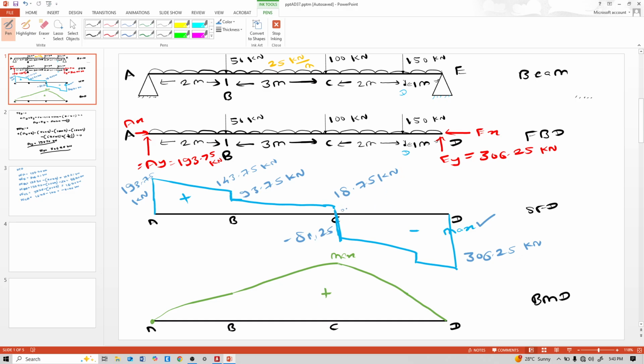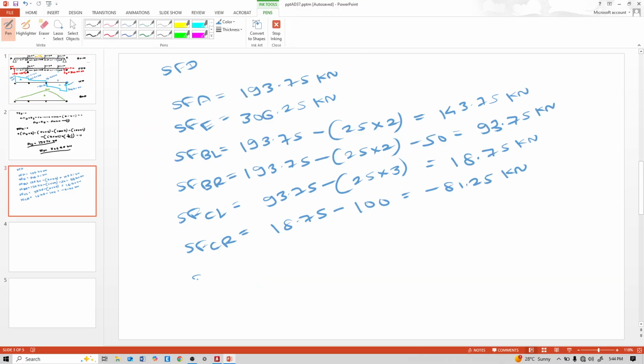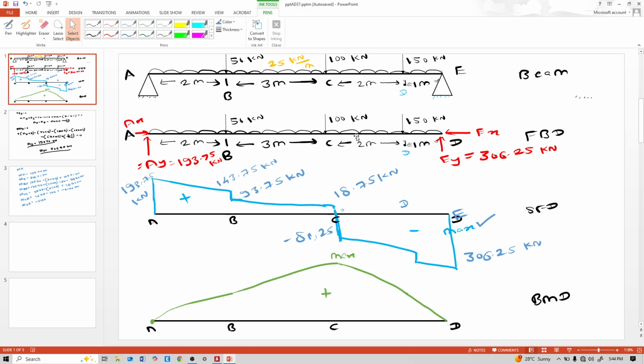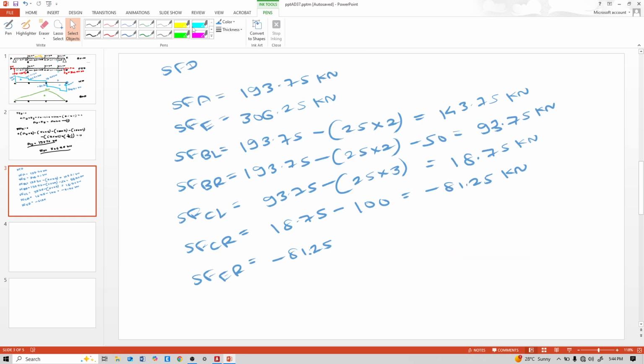Here it is 0, and at point D, this is E. Minus 81.25, and this is minus 25 into 2, which gives minus 131.25 kilonewton just to the left.